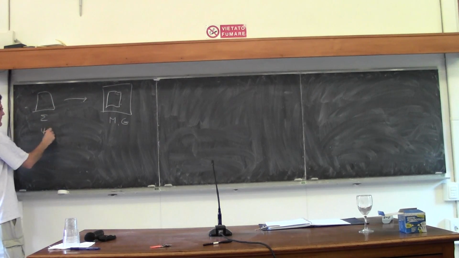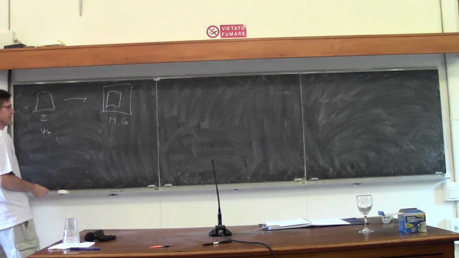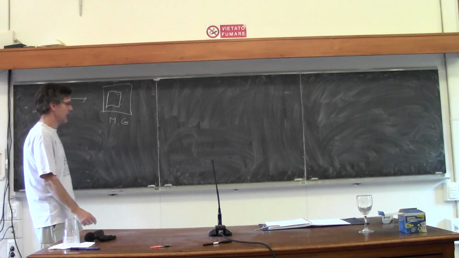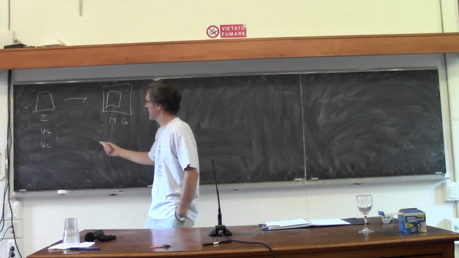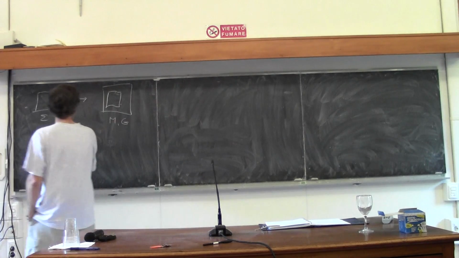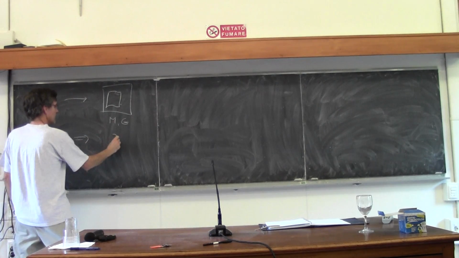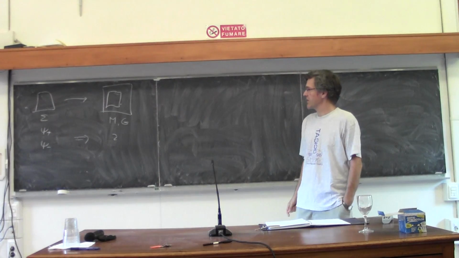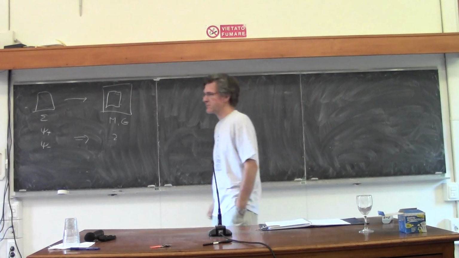So last time I added fermionic variables on the one sheet, and I was looking for supersymmetries on the one sheet and trying to figure out what kind of geometrical structures I would need on the target space for this to be true.